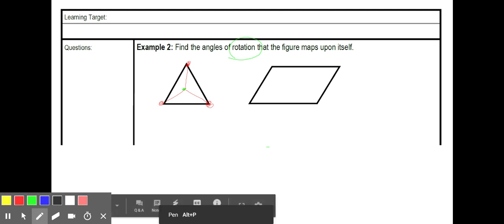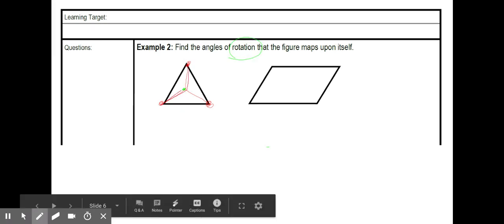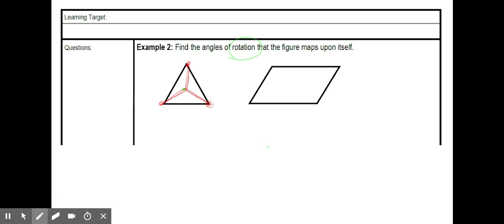We see 1 angle, 2 angles, 3 angles, for our 3 vertices. So we can take 360, because there's 360 degrees in a full circle, divide it by 3, and that gives us 120 degrees.